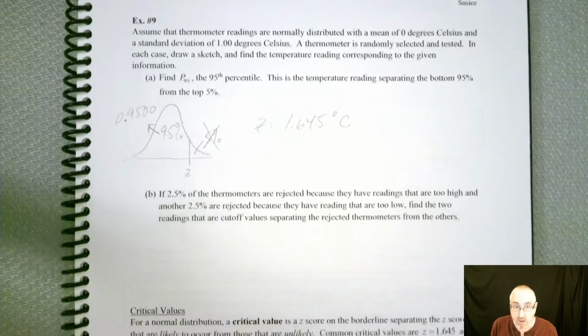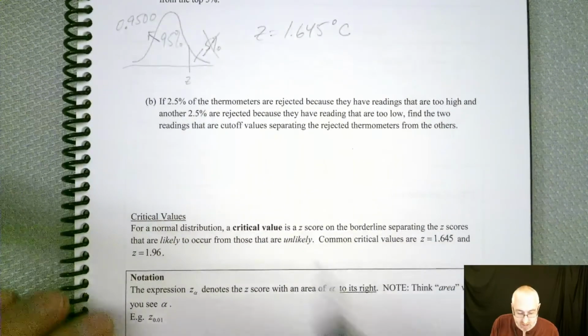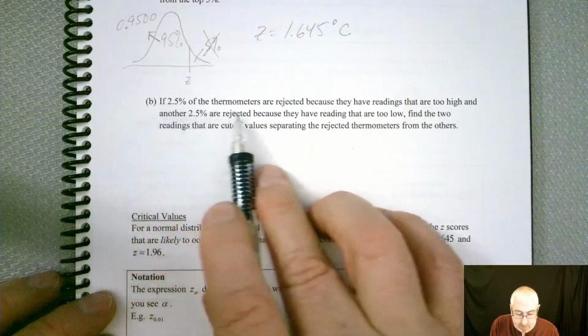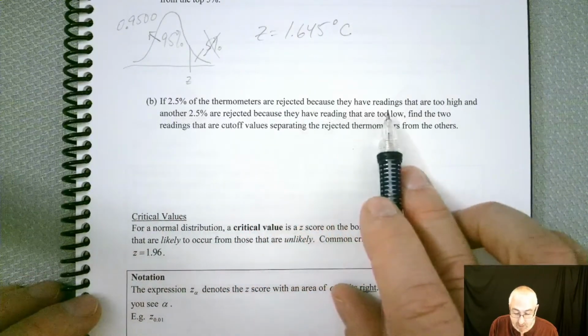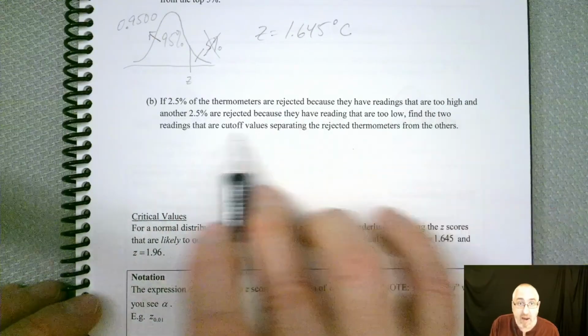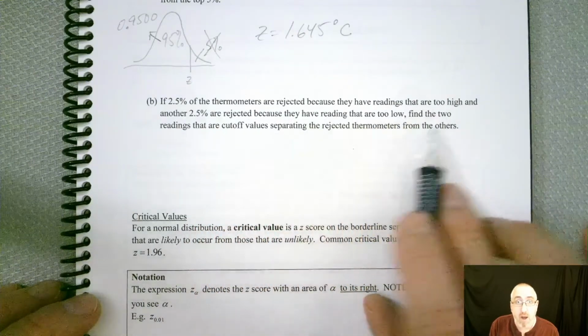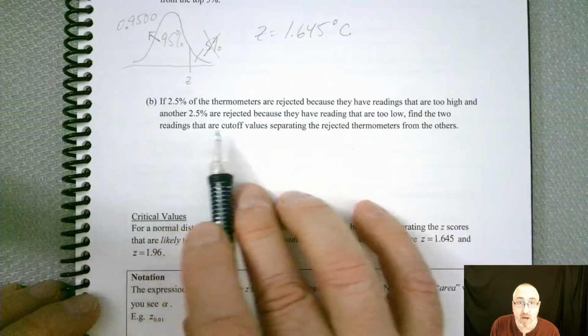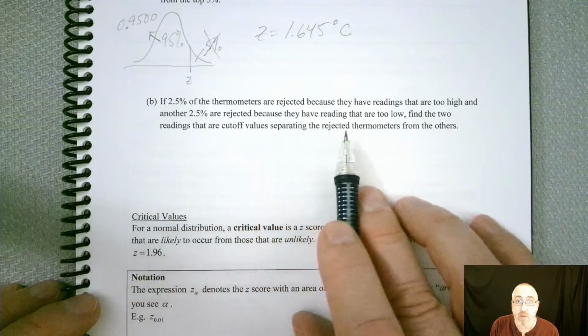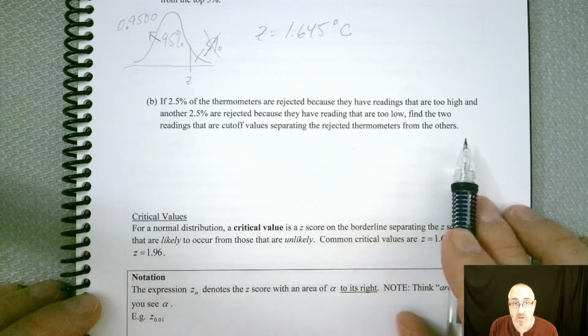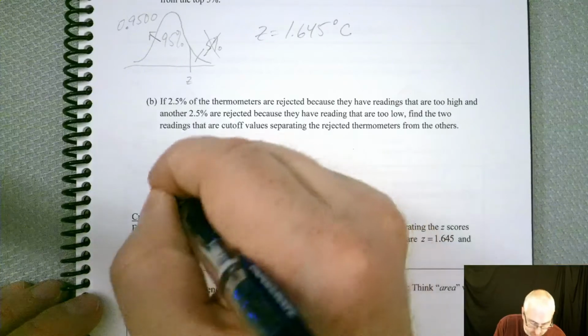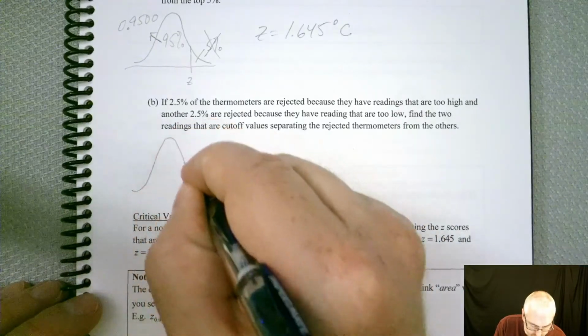All right, let's try the next one. If 2.5% of the thermometers are rejected because they have readings that are too high, and another 2.5% are rejected because they have readings that are too low, find the 2 readings that are cutoff values separating the rejected thermometers from the others. Okay, well, let's get our picture.